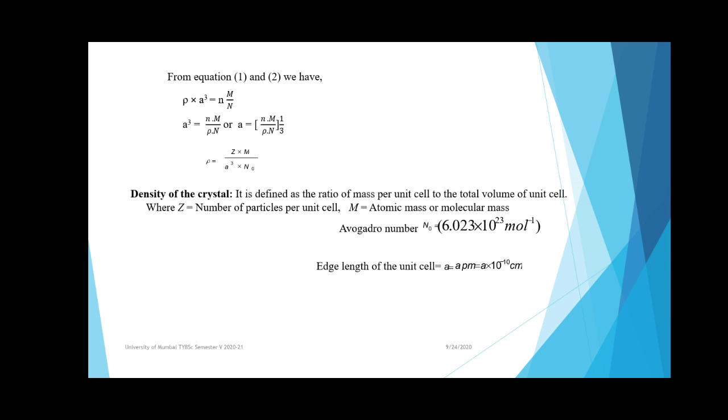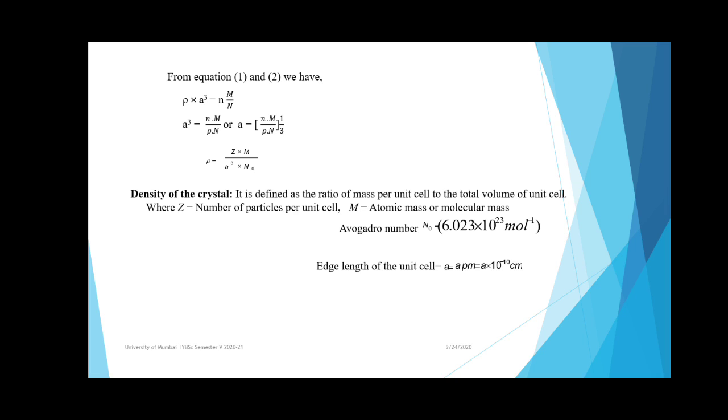Now from equation number 1 and 2 we can get rho into a cube. Is it clear? Mass of atom is rho into a cube, which is equal to n into m upon N. n is the number of atoms, m is the mass of that atom, and capital N is Avogadro's number.